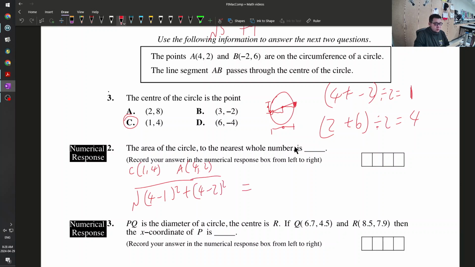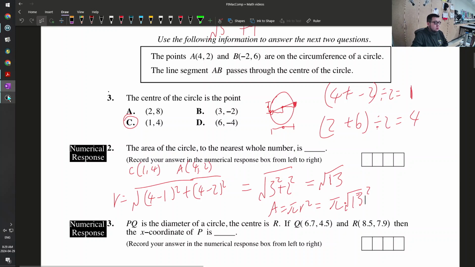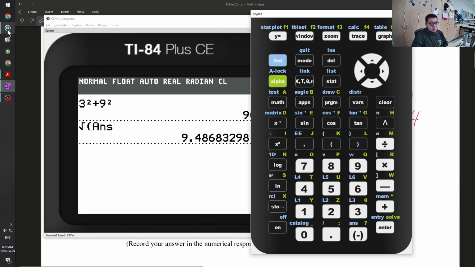Take the square root, so 3 squared plus 2 squared, take the square root, which is 9 plus 4, the square root of 13, so that's the radius. And the area of a circle is equal to pi r squared, so pi times root 13 squared. Root 13 squared is just 13, so now all we do is just 13 times pi.